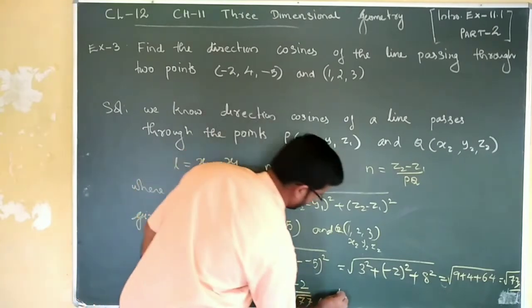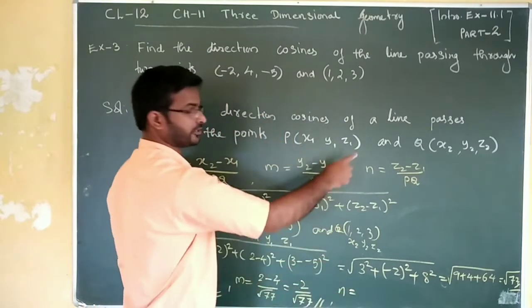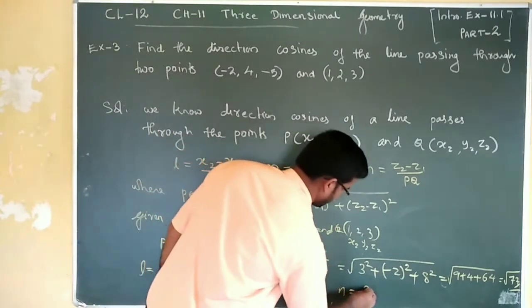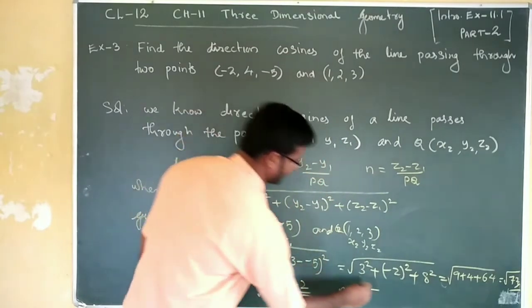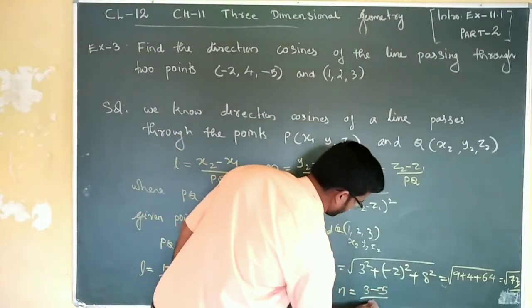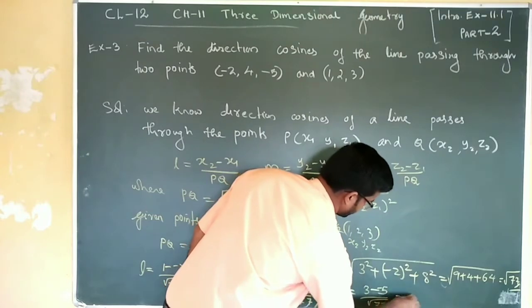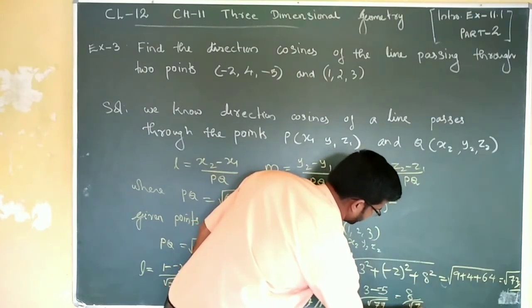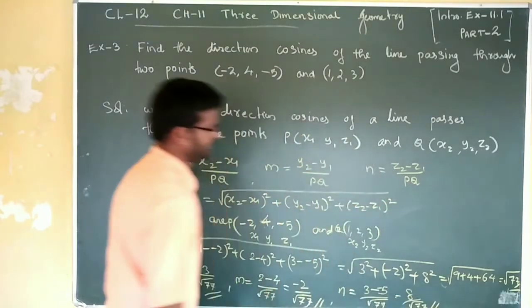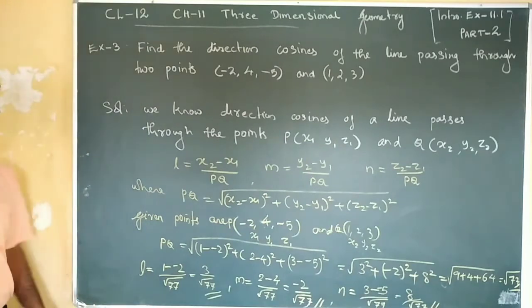And last, n equal to z2 minus z1: 3 minus minus 5, divided by root 77, we get 8 by root 77. This is our answer. Just pause the video, write down in your notebook.